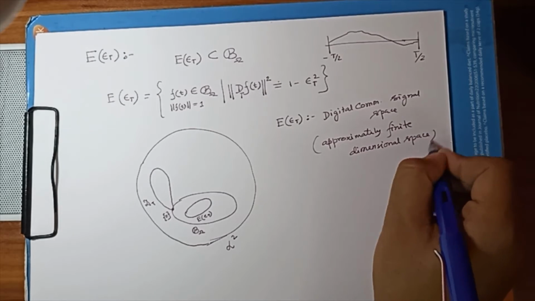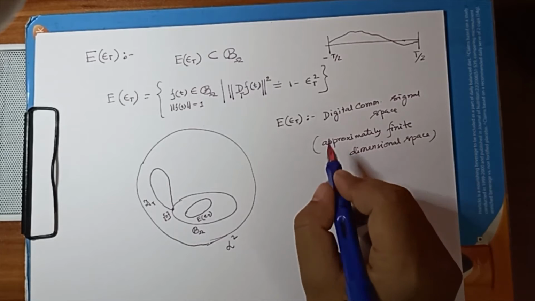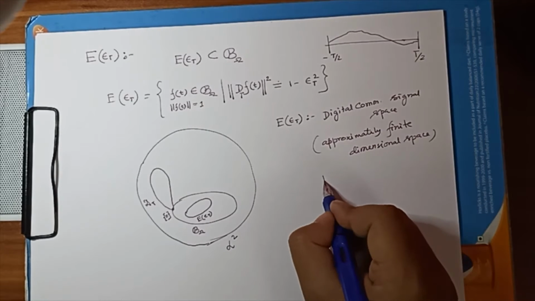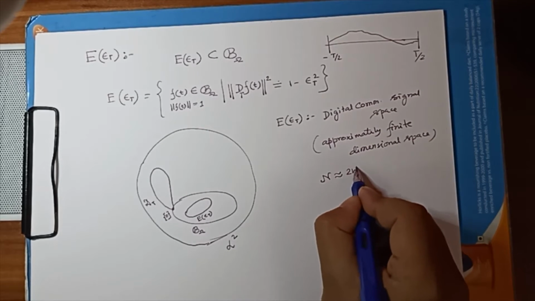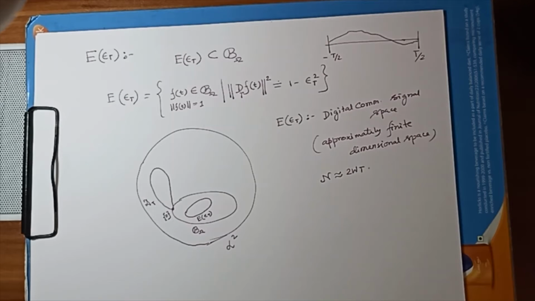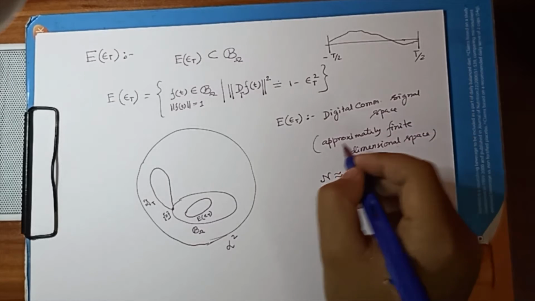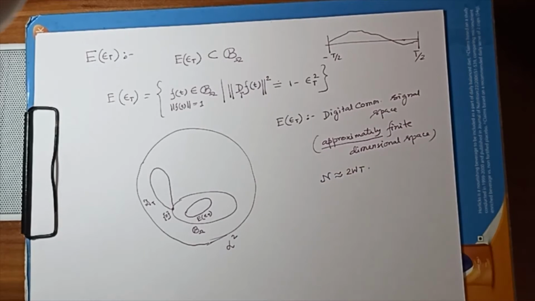And that dimension is approximately 2WT. So how to make sense? What kind of mathematical truth is there in this approximately statement? That we want to show first.